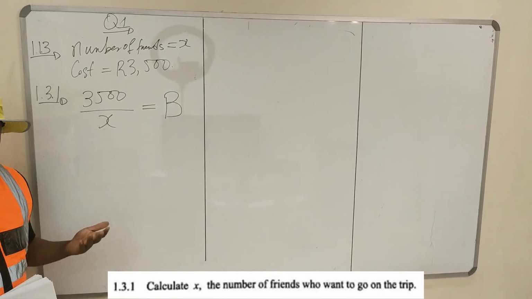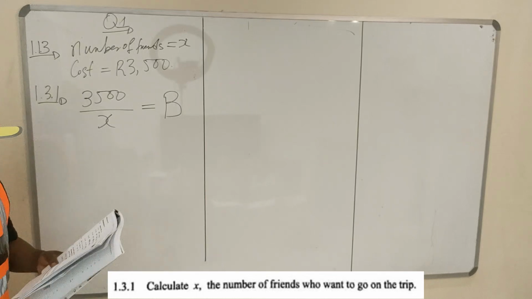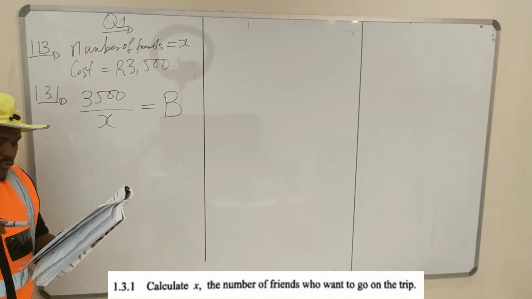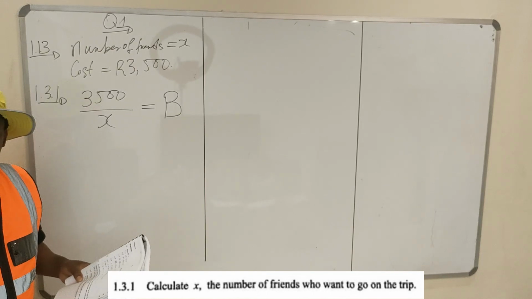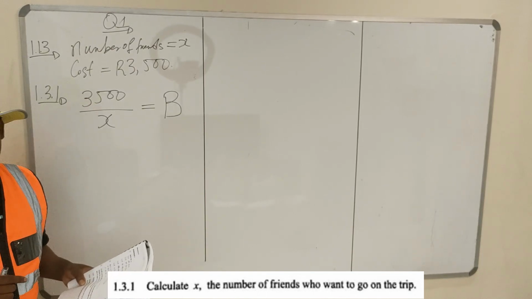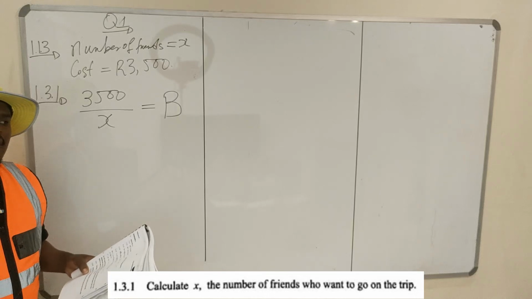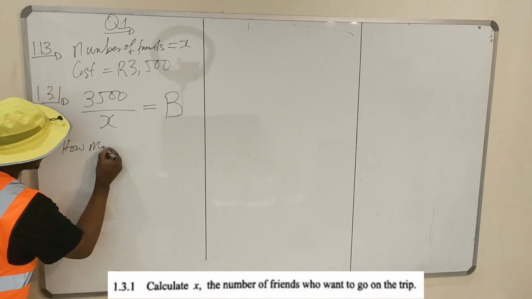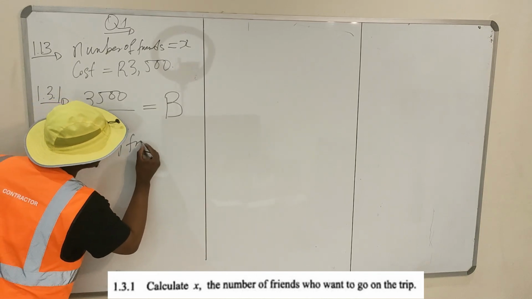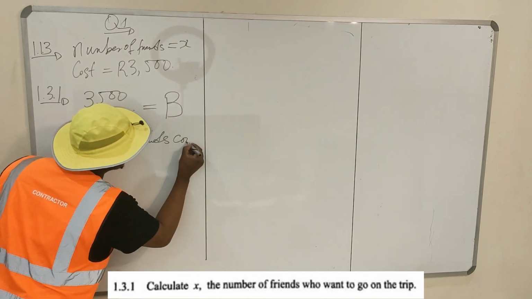Then now, let's think about what else was said there. They said that 4 friends do not have money to pay. Do you understand? 4 friends do not have what? Money to pay. So, how many friends can pay?